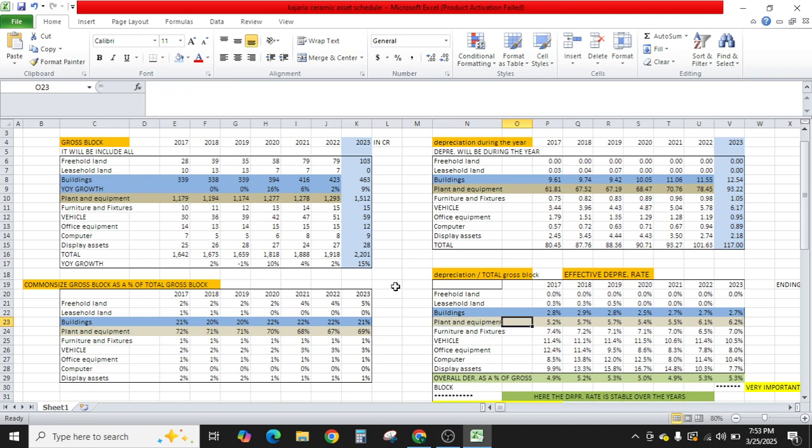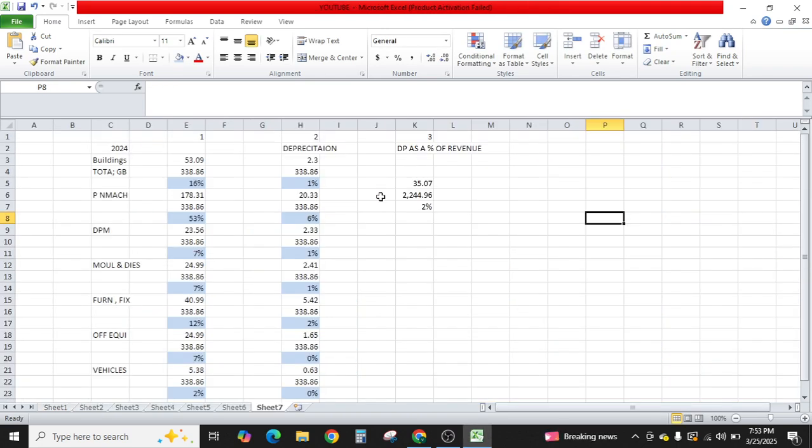Now if I look at depreciation, same way for building, what I have done is building depreciation divided by 2023 gross block. Depreciation for building divided by total gross block.